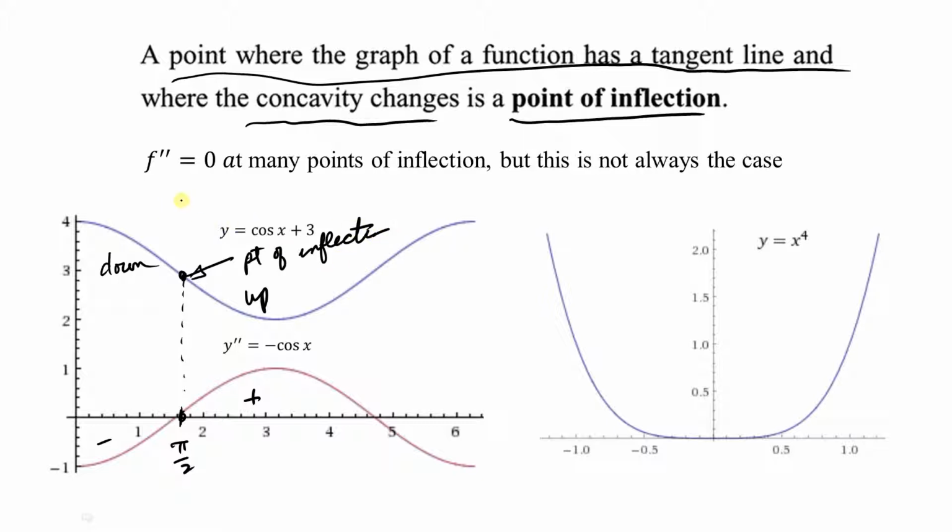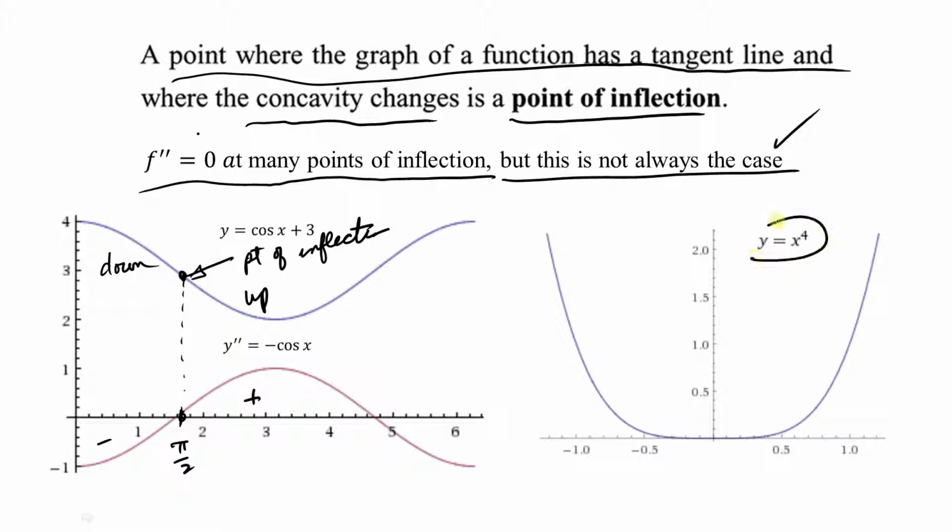I want to make a point that at many points of inflection, the second derivative is equal to 0. But everywhere the second derivative is equal to 0, there may not be an inflection point. For instance, look at the function y equal x to the fourth.